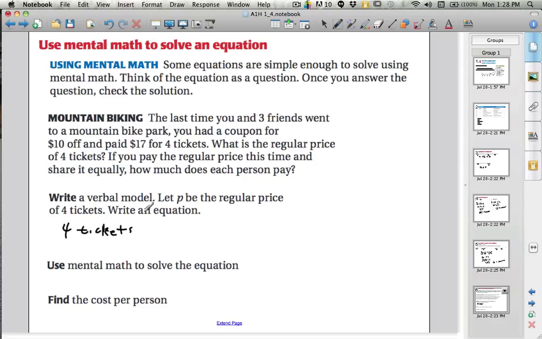So 4 tickets is equal to $17 plus the $10 coupon.